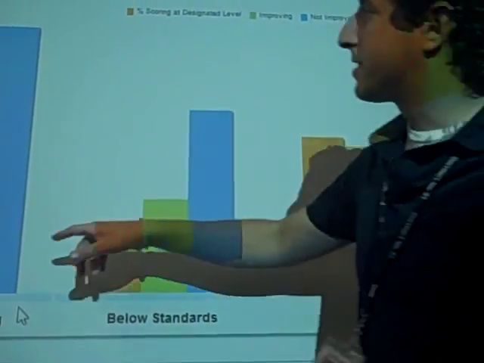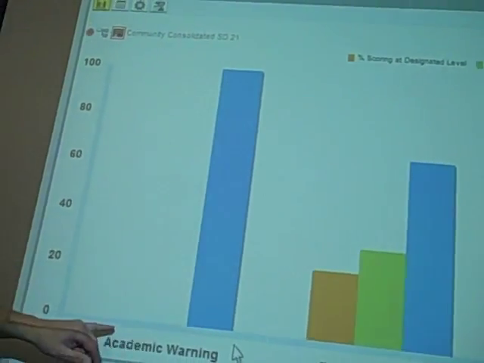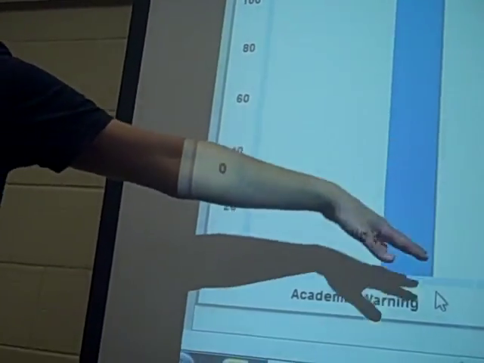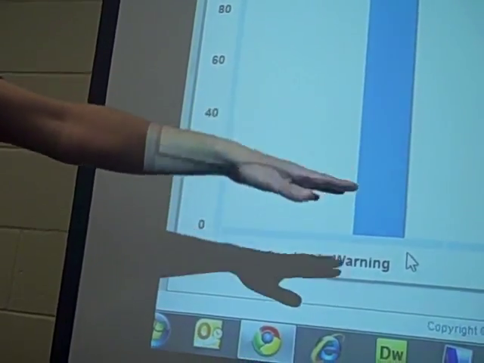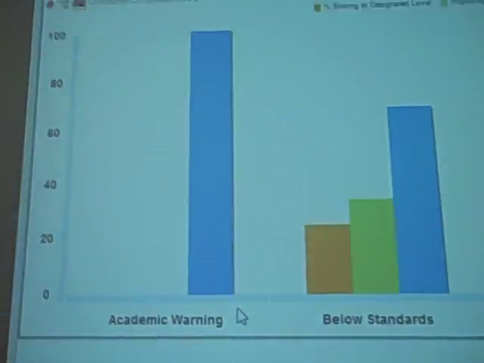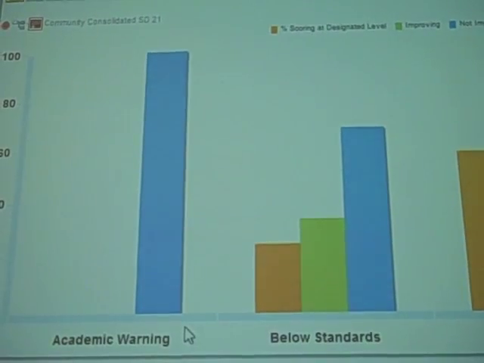So, we can see 100% of the academic warning kids were not improving. We can't even see the academic warning kids on here. So this is like 1 kid or something, and we're not going to worry about that. There's not enough to even be orange there. It's not a group. If that was your school and it came up and you wanted to know who it was, you could see that.